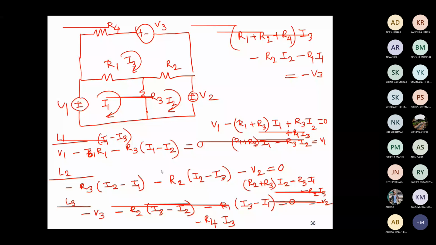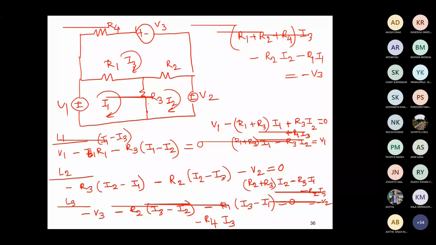Okay. So what is the matrix approach? Actually, we can directly write the resistance matrix from here, or the impedance, as we'll call it in future. If you have this loop, what are the resistors connected with loop 1? R1 and R2.